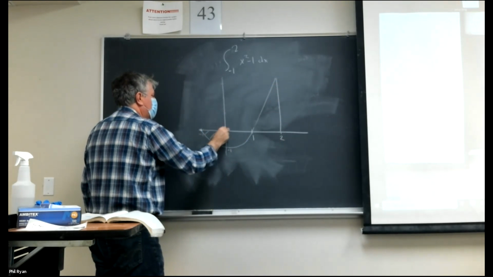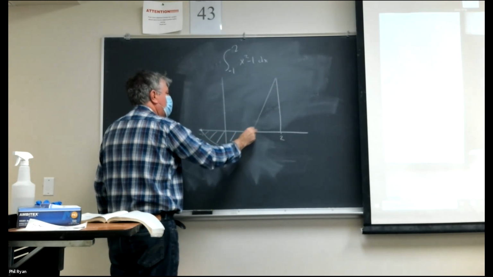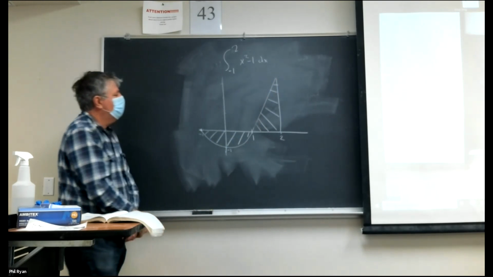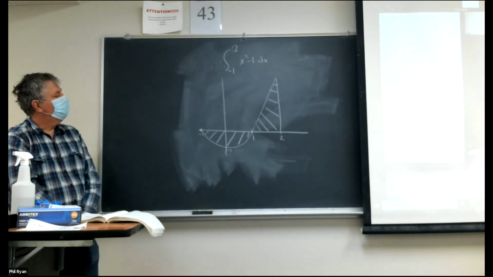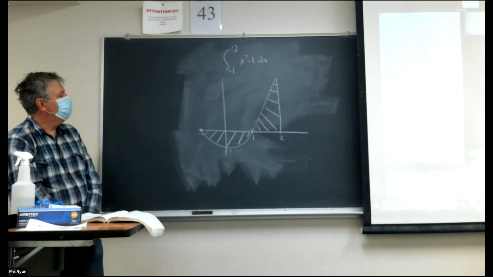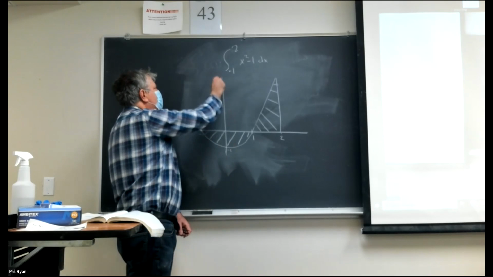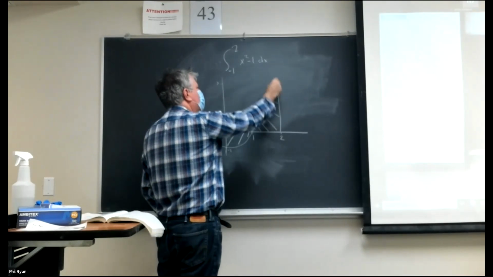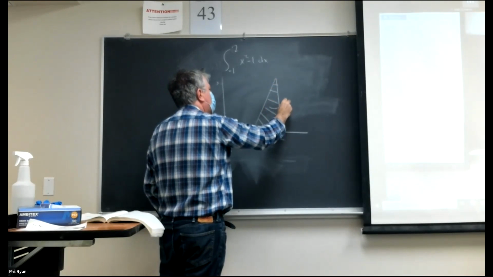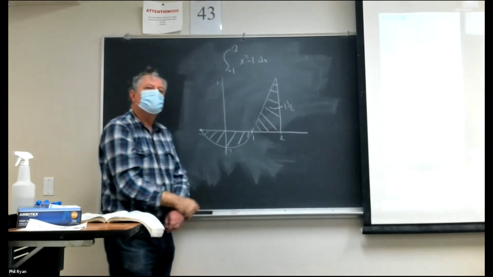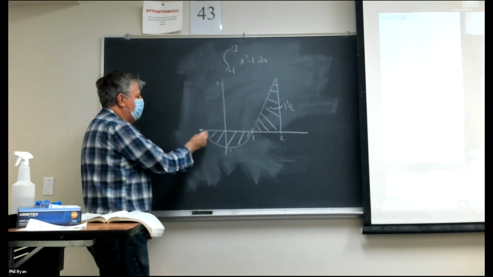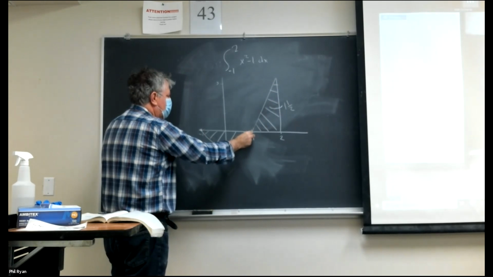Like that. And so what would it be? Well, say this is kind of like a triangle of base 1 and height 3. So this is around 1.5 approximately. This thing here, well, what is it?